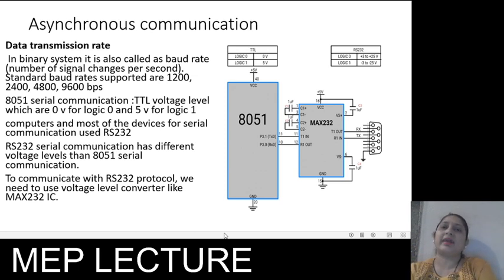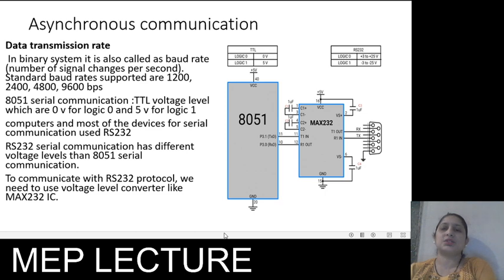But when you talk about the 8051, we support the TTL level, logic 0 means 0 volt and logic 1 means 5 volt. So to communicate 8051 with RS-232 protocol, we need to use an extra IC, that is a voltage level converter. An example is the MAX 232 IC, which I showed in the diagram.